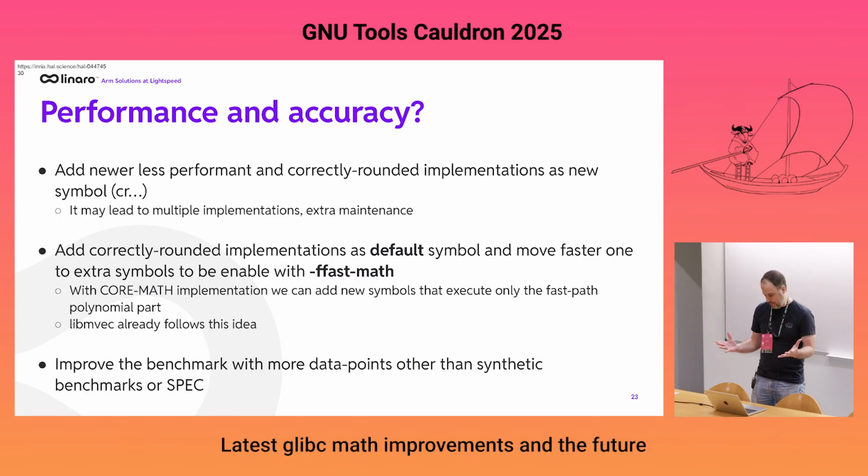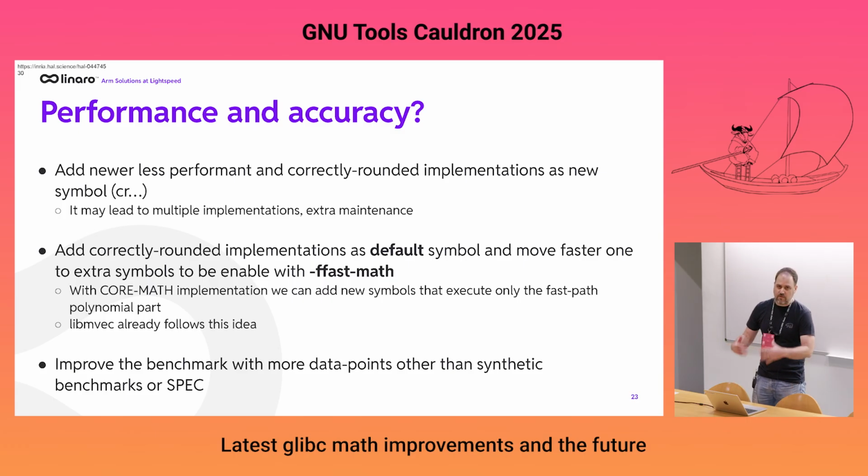But it can be a way to provide both of them. Another one is we only provide the fast, not correctly rounded implementations, as with fast math. Since the user expects a less accurate implementation, we can leverage this way to use new symbols. And libmvec follows this idea. libmvec has a higher bound of error for its internal implementations using different strategies.